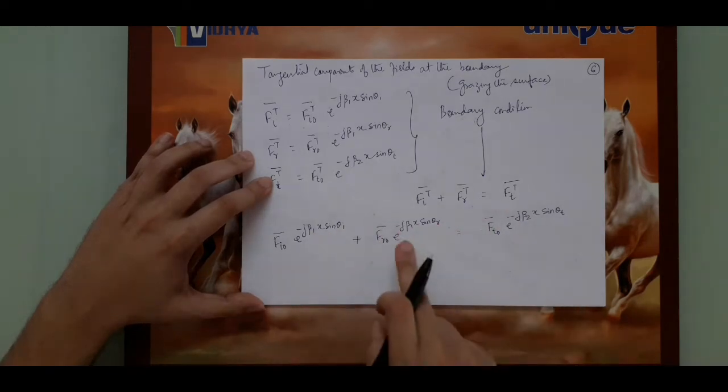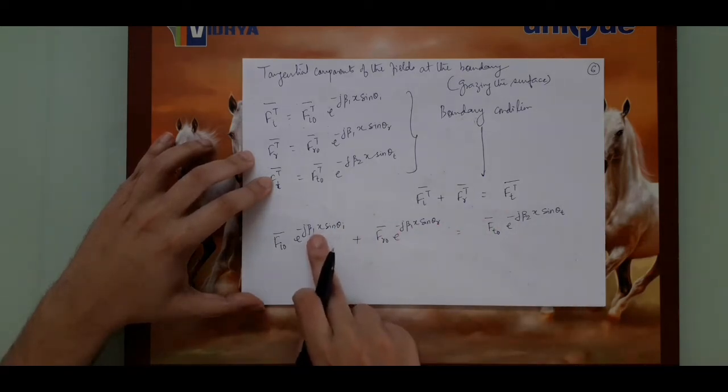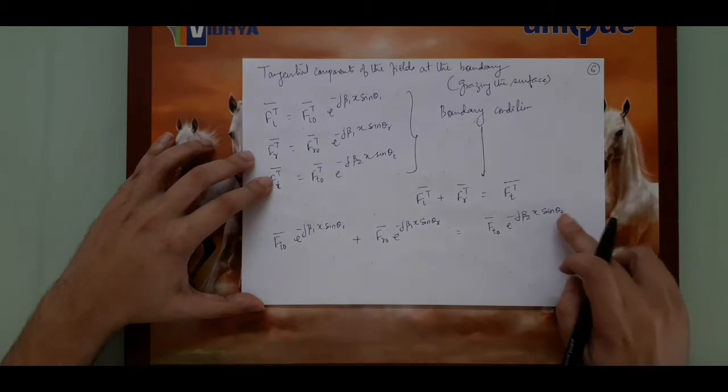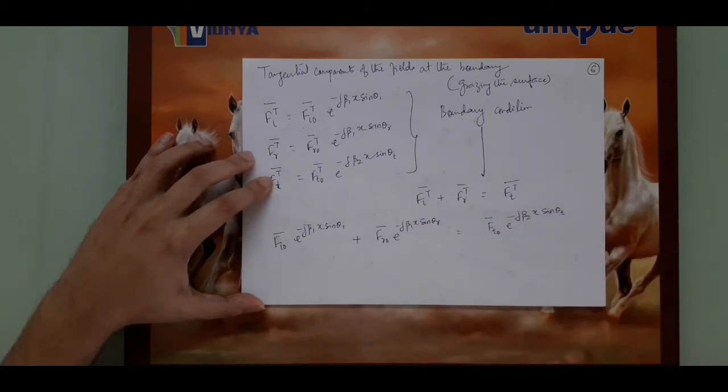The phase components of these two must be equal, and this should be equal to the phase component on the right hand side, to maintain the continuity of the fields across the medium.